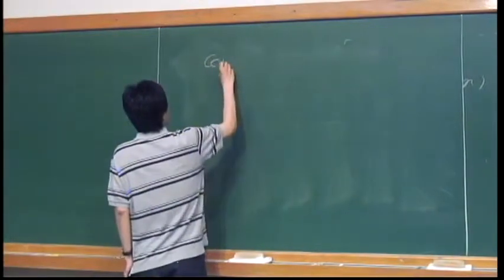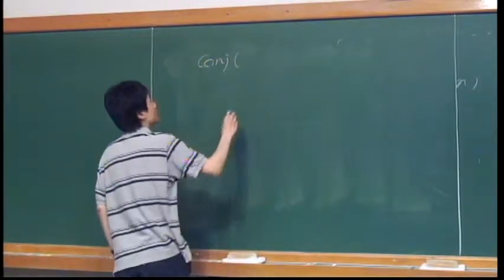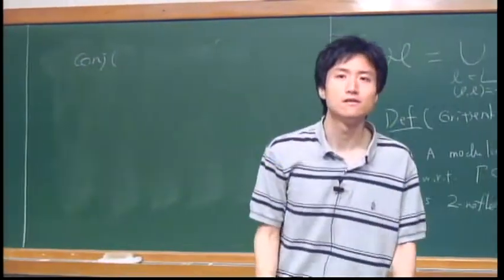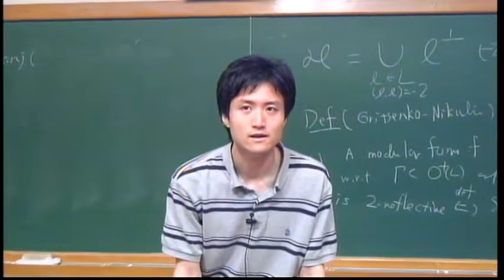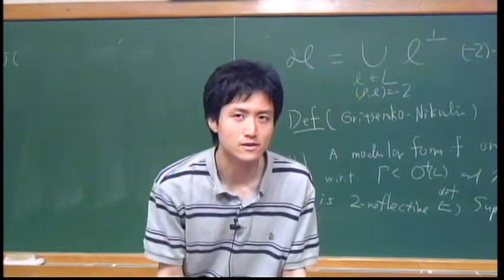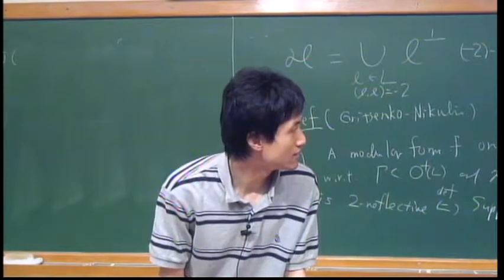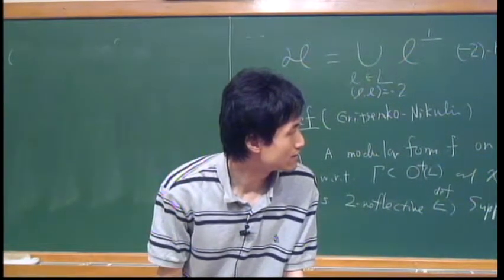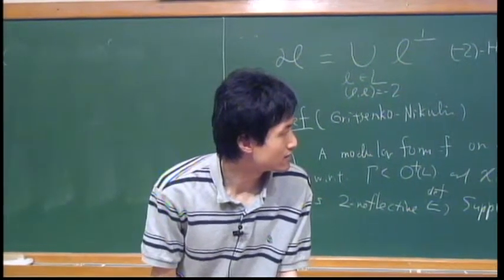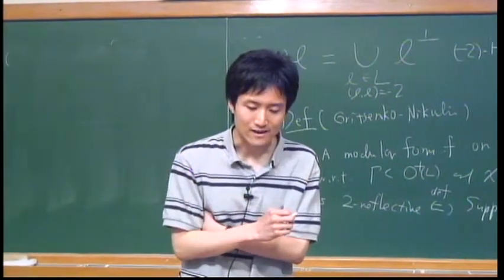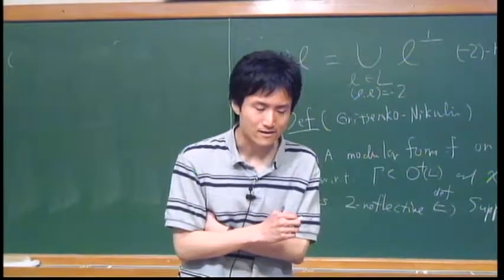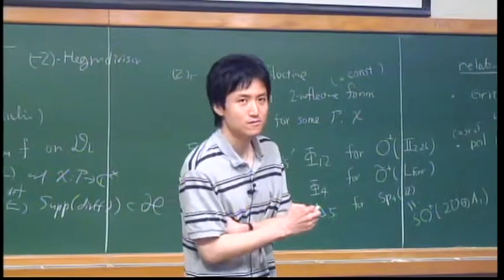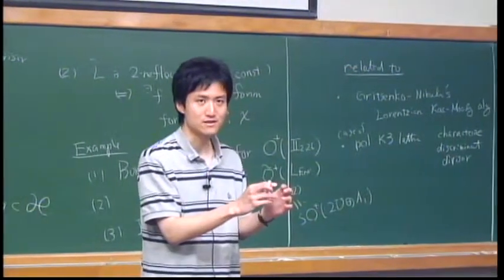Excuse me, do you have an example of these 2-reflective lattices that are not in the intersection of these two cases? I'm not sure, but there should be some difference.